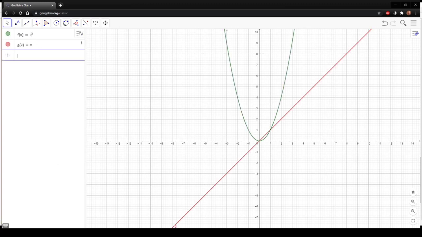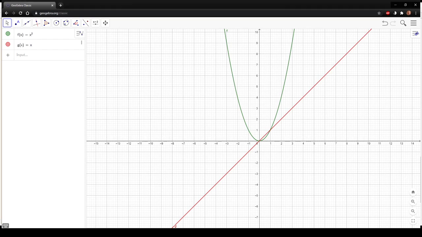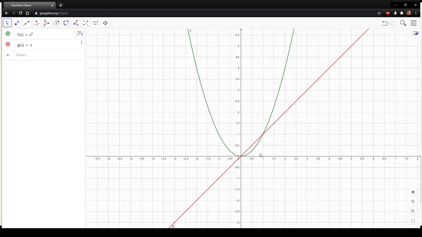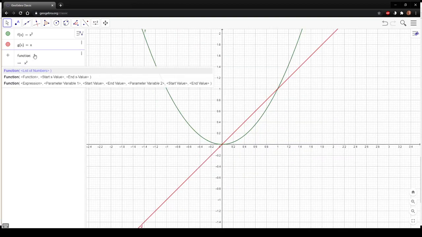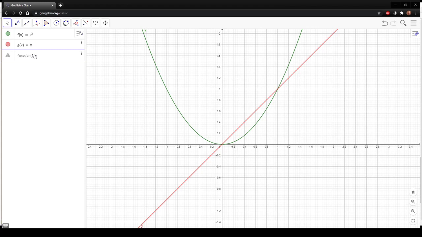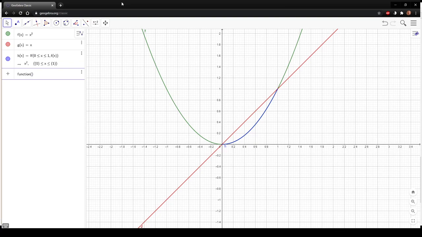So the region between x squared and x, and we rotate about the y-axis. So let's do our standard cleaning up. So these only range from x equals 0 to x equals 1. So let's just isolate those bits.